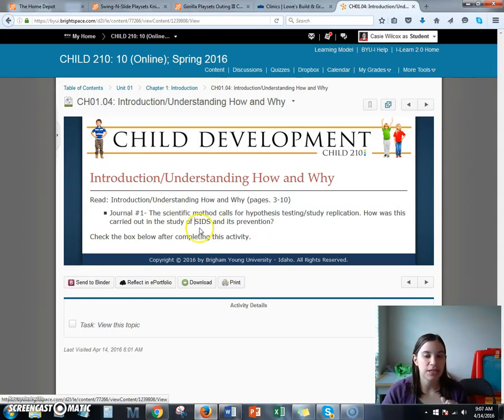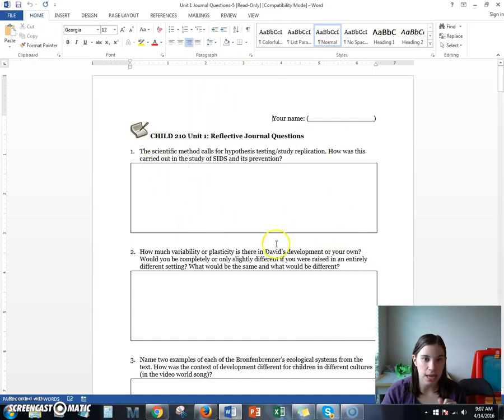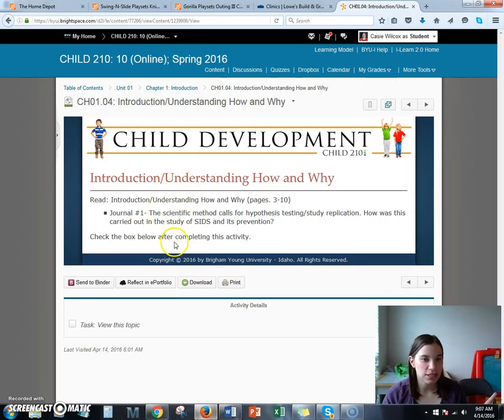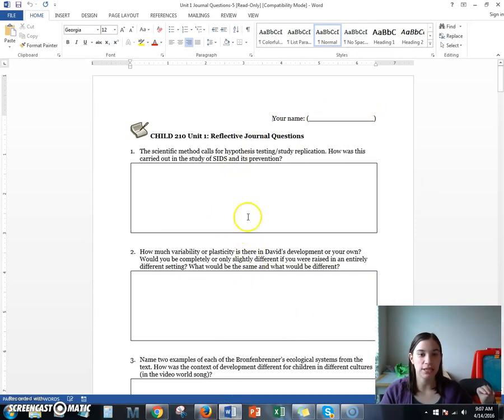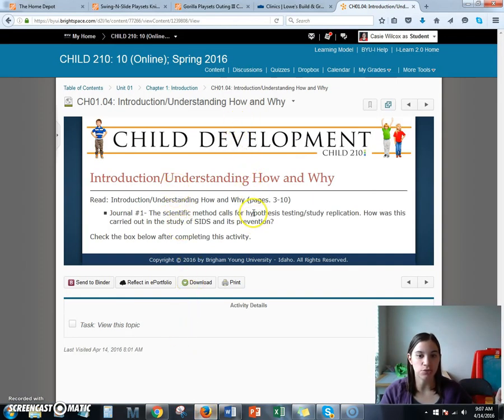I show you this because the easiest, most efficient way of working through the reflective journal assignment is not to go through each of these and read all the pages and do all the activities and watch all the videos and then open up the reflective journal assignment, because you will find yourself having to backtrack to watch the movies again and read the pages again. So I would encourage you to print this or save this or have this up on your computer as you go through each of these units, each of these chapters.